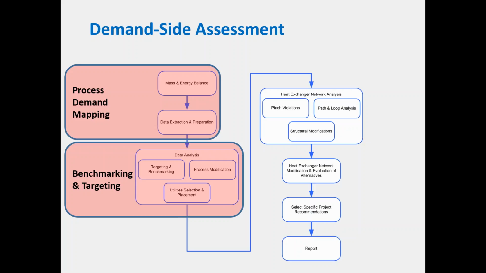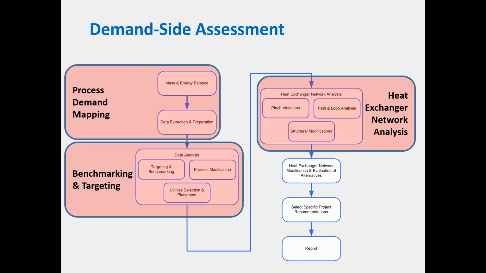And so not only do you get an overall hot and cold utility target, but you can also get an individual utility target and look, if I've got a really expensive utility such as chilled water, then I can see how much potential reduction I have for that particular utility. So that's what we call the benchmarking and targeting stage.